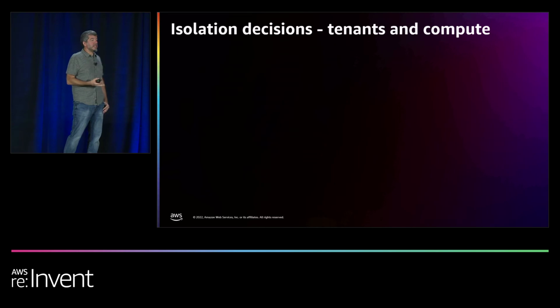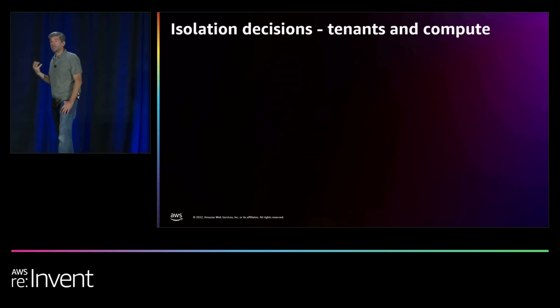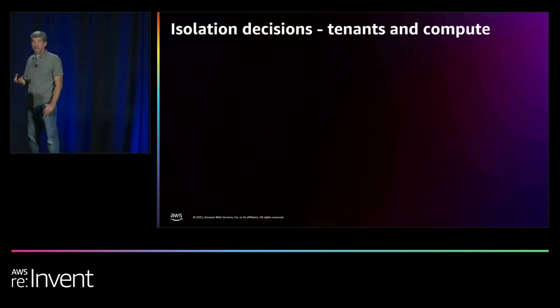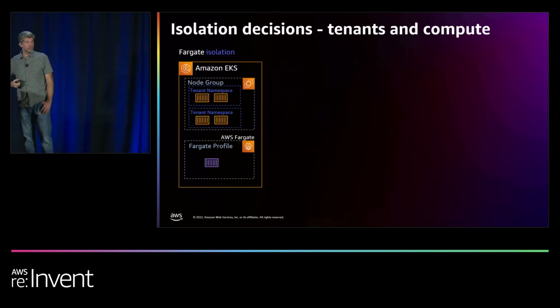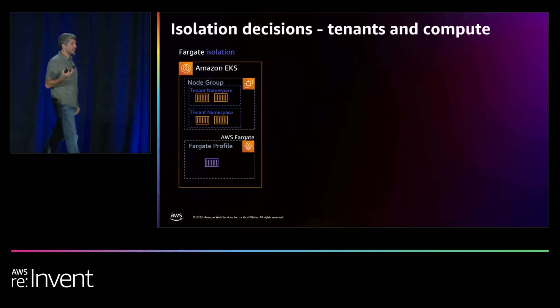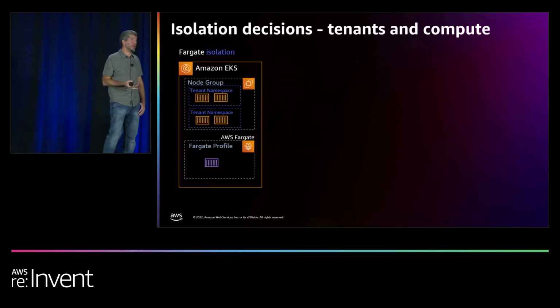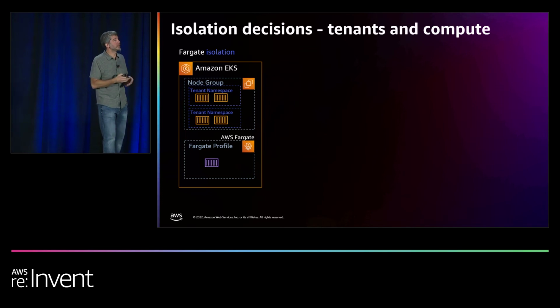And again, there's isolation decisions, both on the tenant and compute front, that we have to consider with EKS as well. So one choice that we might have for isolation is to use AWS Fargate. And this is an interesting choice for container-based extensions, because Fargate provides us a level of protection that we don't necessarily get hosting our own EC2s, in that it eliminates the possibility of container escape.